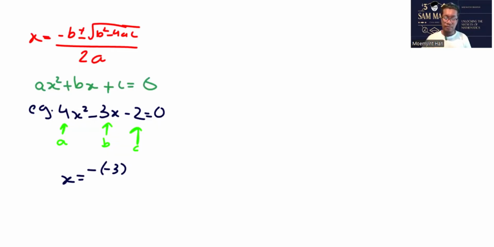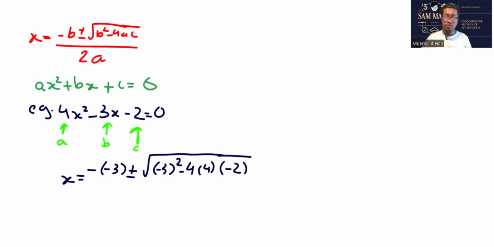And then plus or minus the square root of b squared, which becomes negative 3 the whole square, and then minus 4 times a, which is 4 over here, and then c is going to be negative 2.